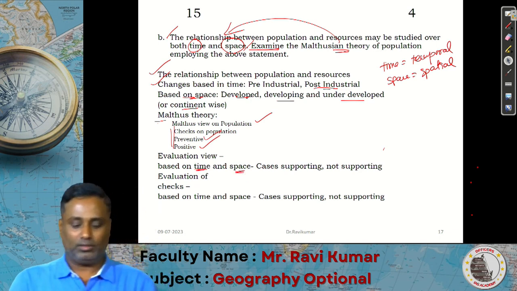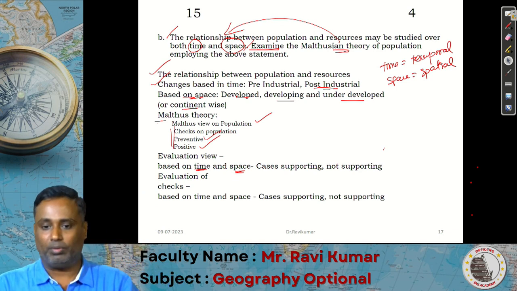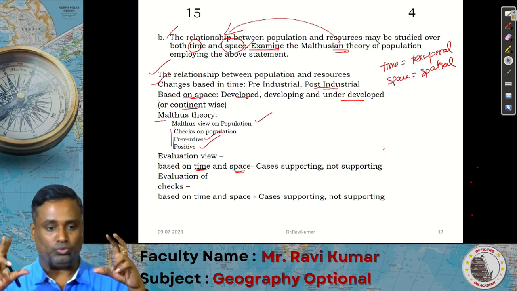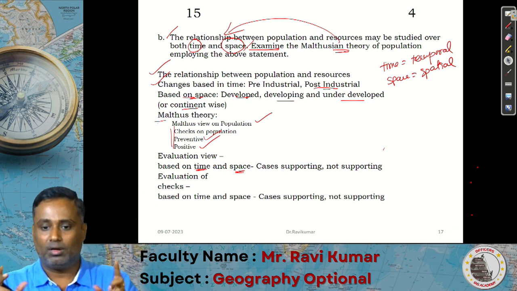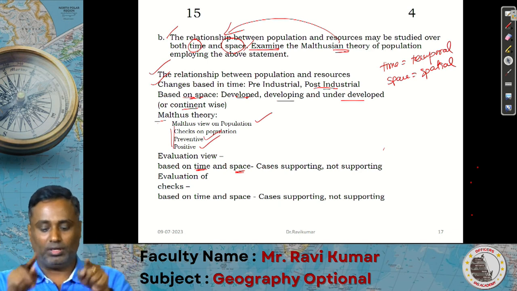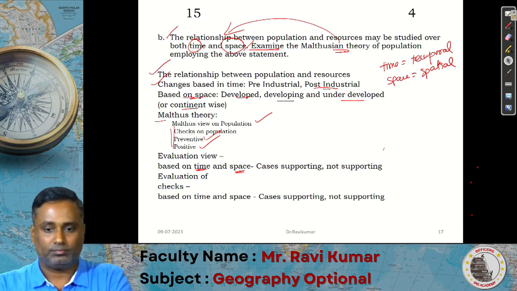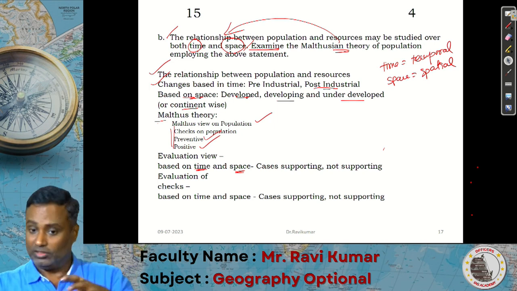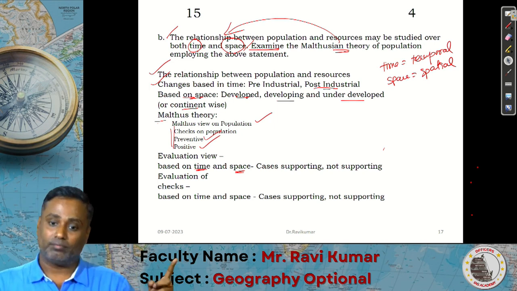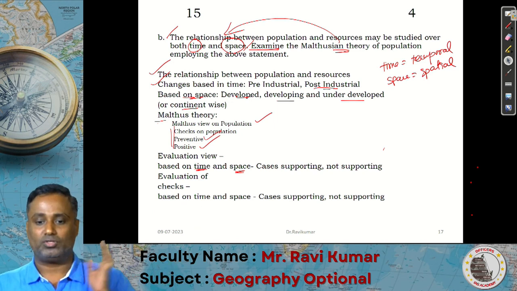We have to check the ideology of Malthus's view of population, increasing population and resources, and apply this concept over developed, developing, underdeveloped countries. This is spatial, along with time: the pre-industrial, post-industrial era.